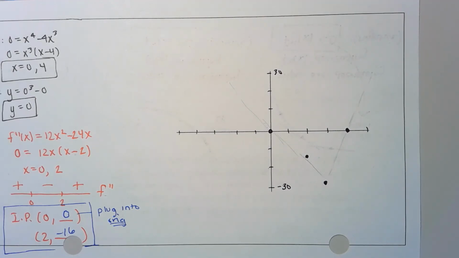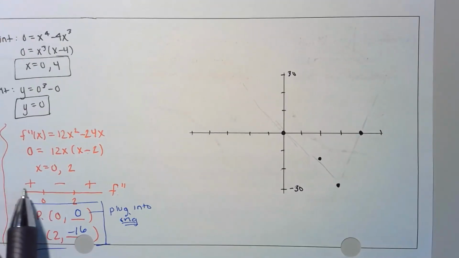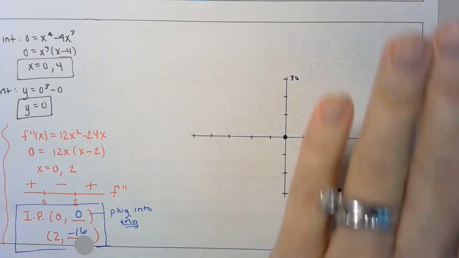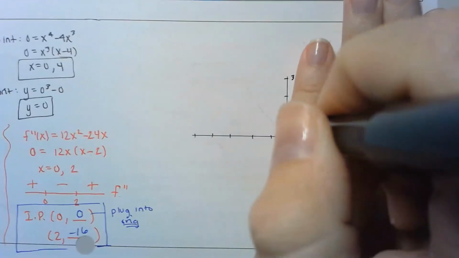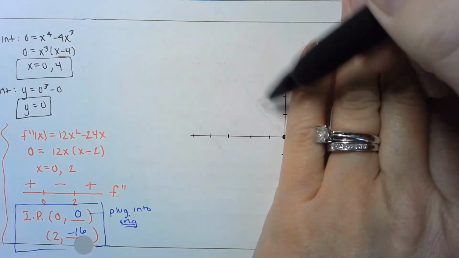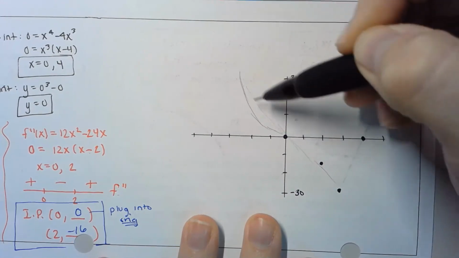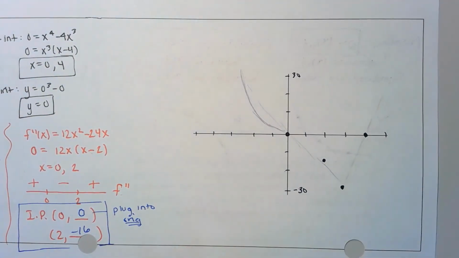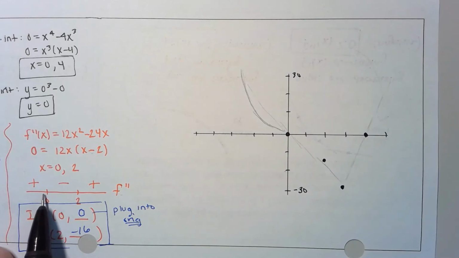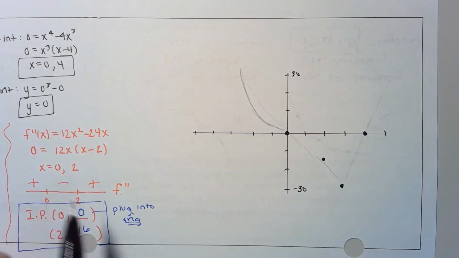Now I'm going to put in my concavity. Remember, until I get to 0, I want to be concave up. So here's x equals 0. Till I get to that point, sorry, I'm still decreasing, but I want to look like a cup. So kind of make it smile there, yeah? Okay. Now, between 0 and 2, I want to be concave down.